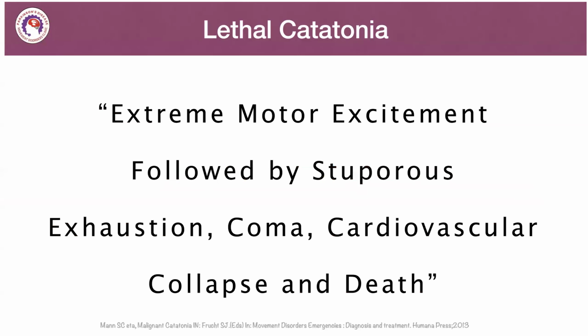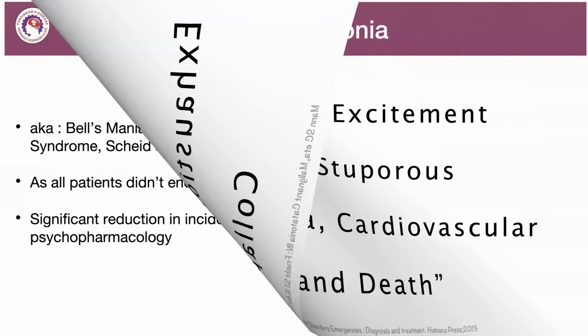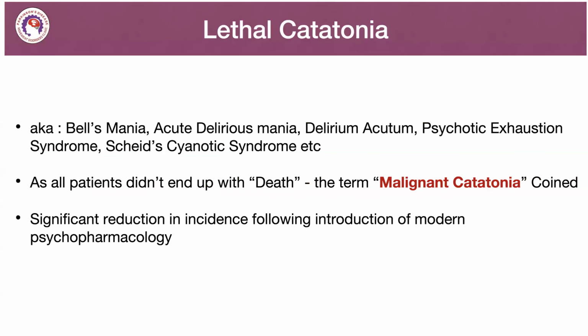Lethal catatonia is extreme motor excitement followed by stuporous exhaustion, coma, cardiovascular collapse and death if not managed properly. It's also known as Bell's mania, acute delirious mania, delirium acutum, psychotic exhaustion syndrome, Scheid's cyanotic syndrome, etc.